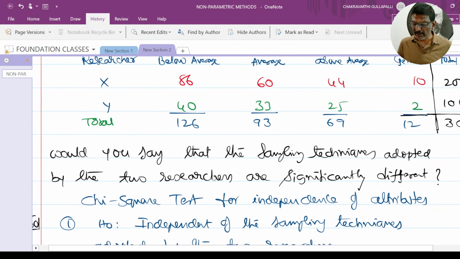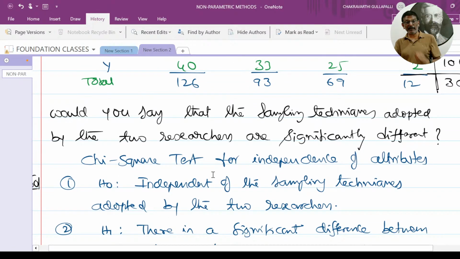Would you say that the sampling techniques adopted by the two researchers are significantly different? The researcher X, researcher Y collect the information from the source. Two different classifications. The researcher's main objective is to test the student levels.